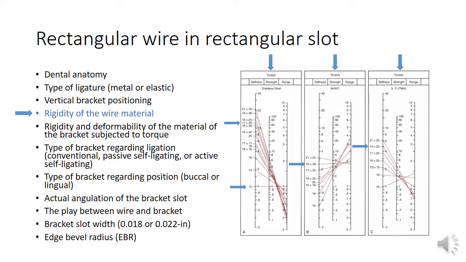And if you add the variable of the play between wire and bracket, which we will discuss later, the force created in an 18 slot bracket is far more than this.